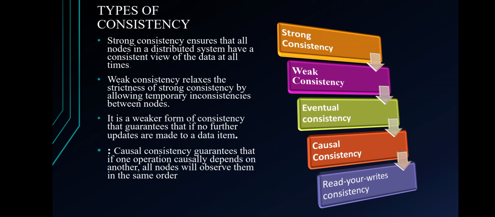Consistency models define the rules for maintaining data integrity in a distributed system, so that operations appear to execute atomically and in a total order. That is data integrity. And then the third impact is on read operations. Consistency models impact how read operations observe data updates.